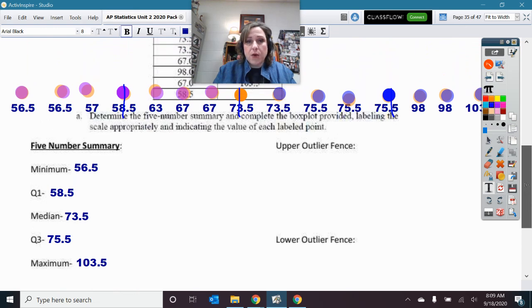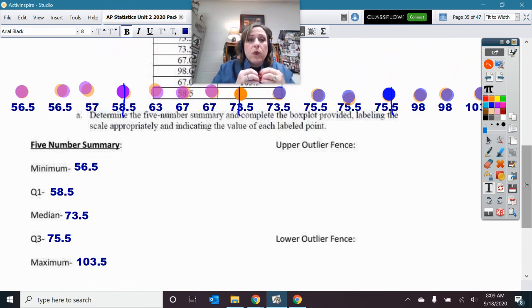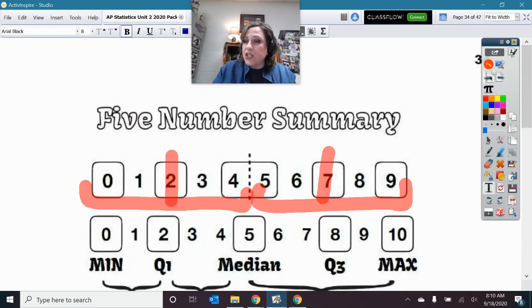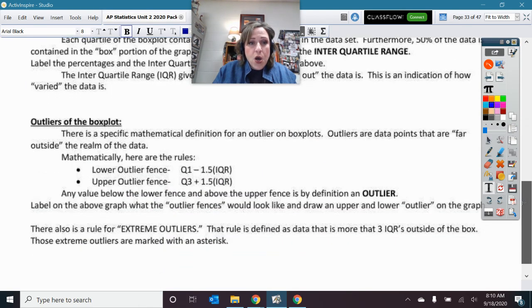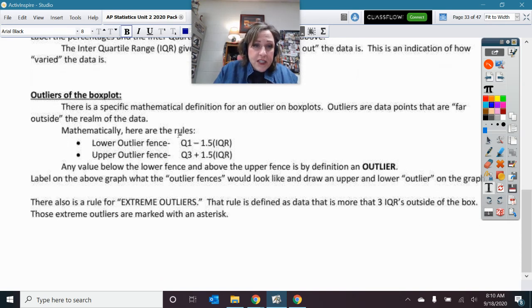Now, we're going to have to identify if we have got unusual amounts of data. Do we have an outlier? Outlier happens when the data that you have is unusual, and we're starting to do this now mathematically. If you take a look at this page here, we have this rule for the lower fence.